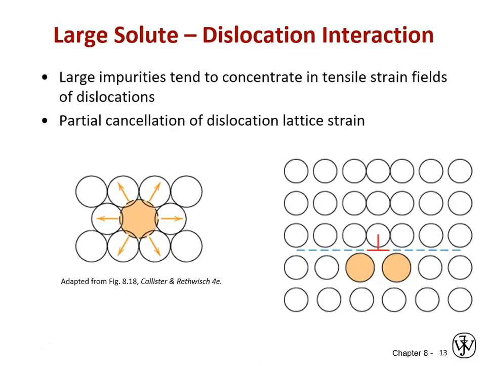And the opposite for a larger solute. So you can see on the left-hand side you've got a large solute atom. It's putting its surrounding solvent atoms on the crystal lattice into compression. So it's going to want to migrate to that tensile strain field below the slip plane at the dislocation and cancel out part of that tensile field.